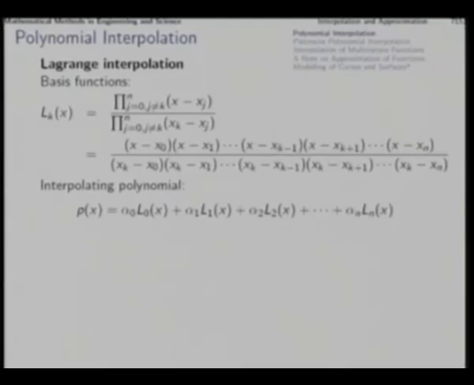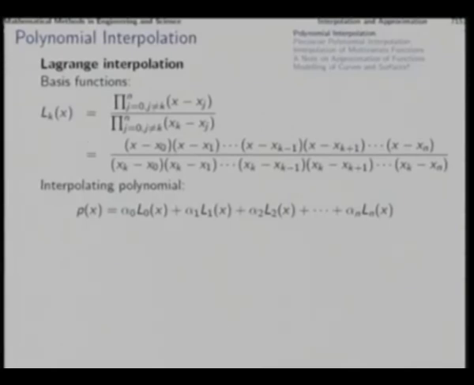At that same point x0, if we try to evaluate L1, then in the expression of L1 this term will be missing, and this term will be there. So, at x0 we will get x0 minus x0, which is 0, and here it will be x1 minus x0. That means L1, L2, L3, L4, all of them will be 0 at x equal to x0.